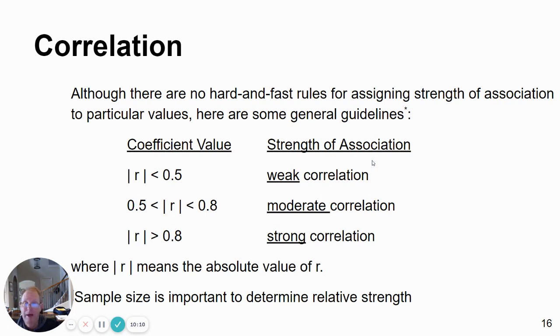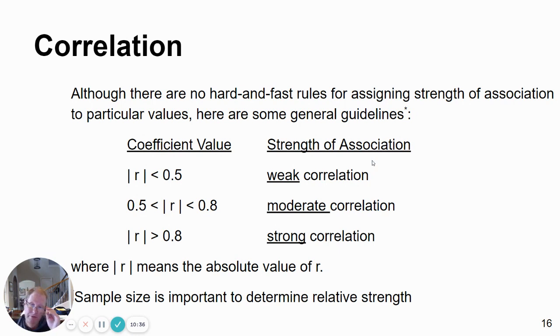If the absolute value of the correlation coefficient is less than 0.5, that would be considered a weak correlation. If it is between 0.5 and 0.8, that would be classified as a moderate association or correlation. And if the correlation coefficient in absolute value is greater than 0.8, then that's a strong correlation.